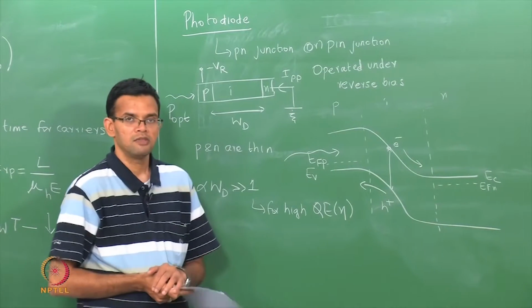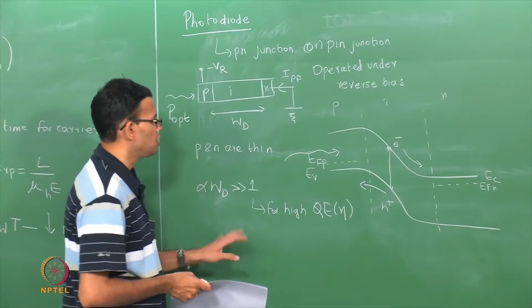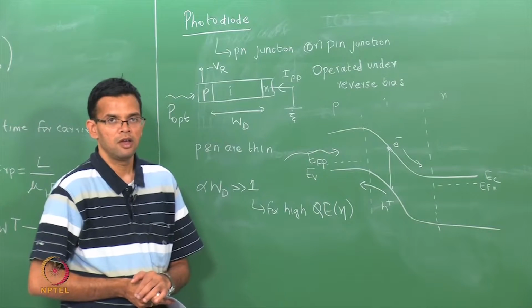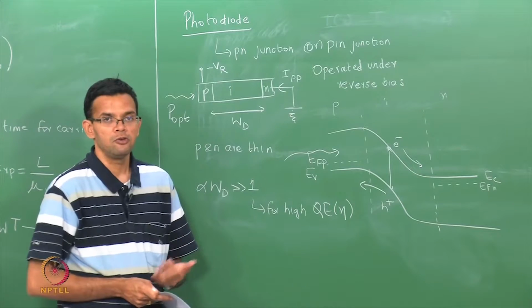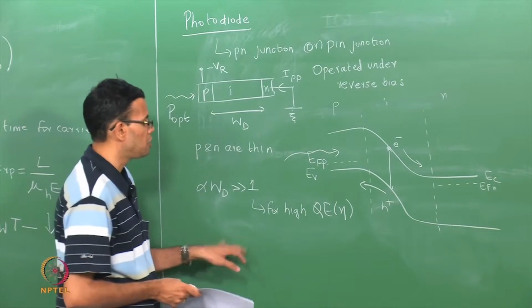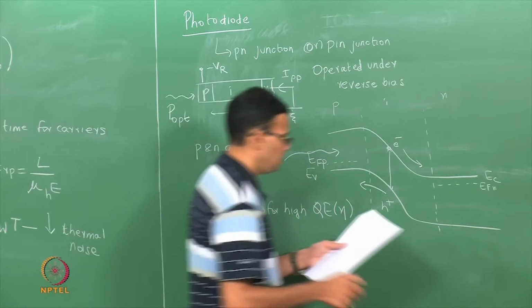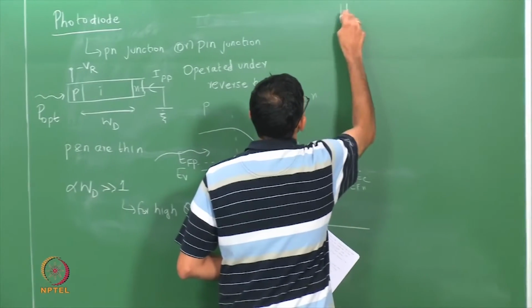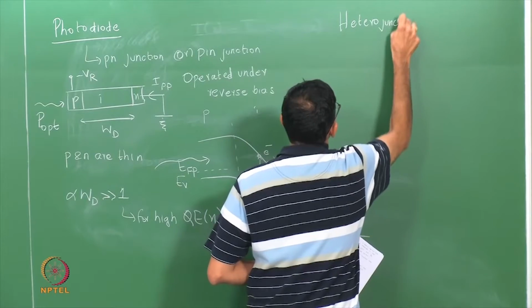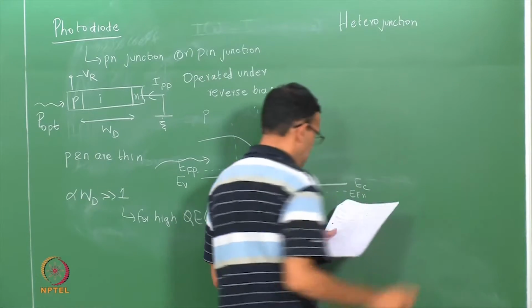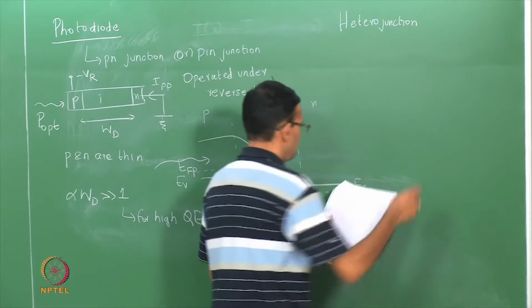So, in these cases, whether you have a simple p-n junction or a pin, you could have them of the same material. Another way to do that is to have a heterostructure based device, so that you can have a heterojunction photodiode.